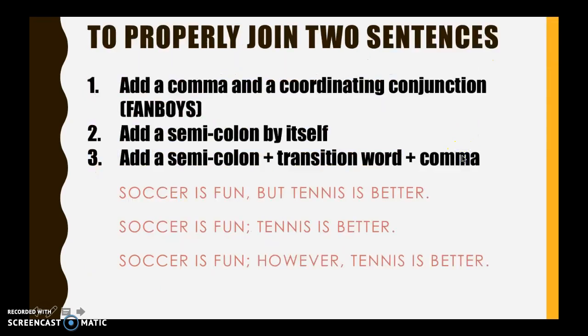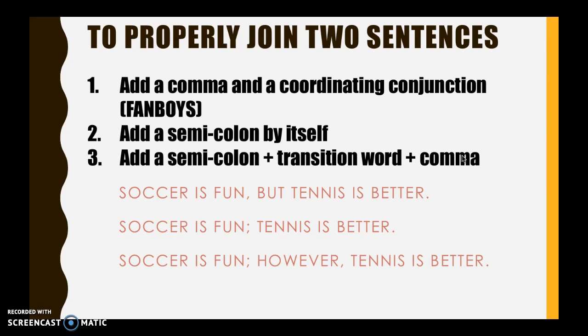When you do want to properly join two sentences, you need either one, a comma and a coordinating conjunction. Let's pause for a second here. Coordinating conjunction is a fancy grammar term. You probably know them better as FANBOYS. FANBOYS stands for all 7 of the coordinating conjunctions: for, and, nor, but, or, yet, and so.